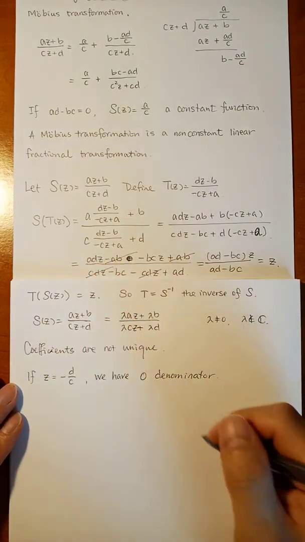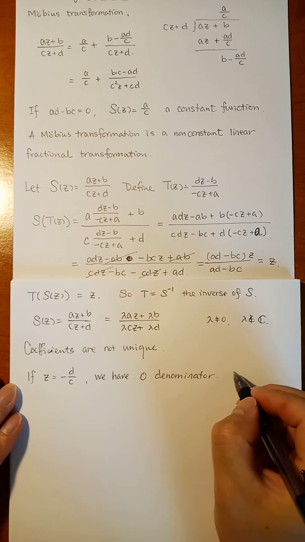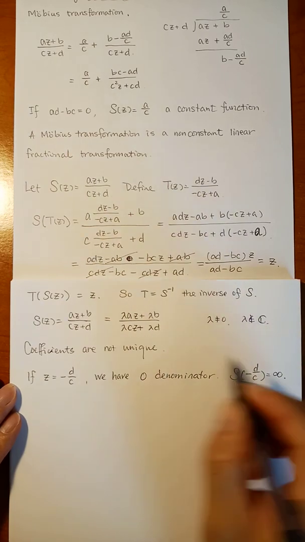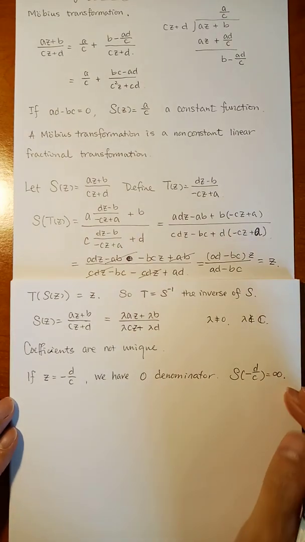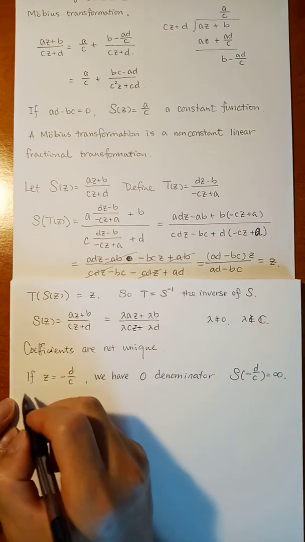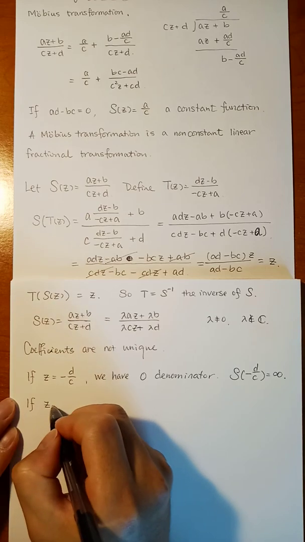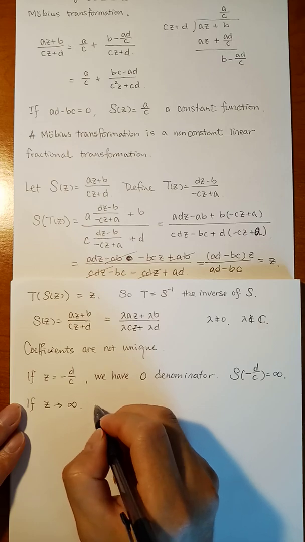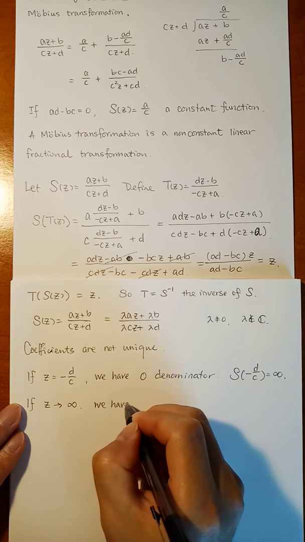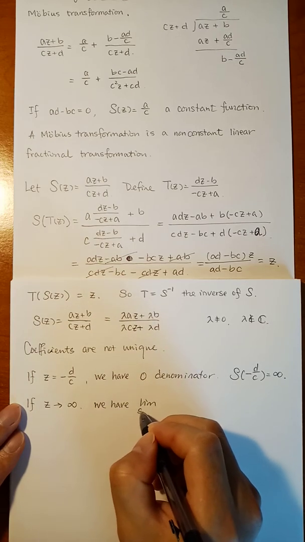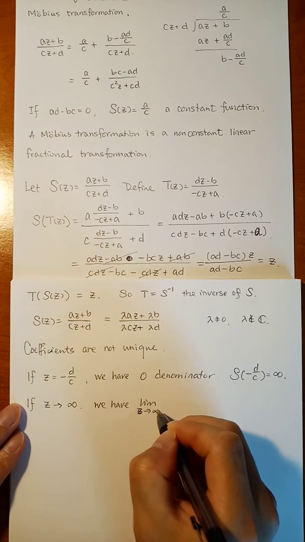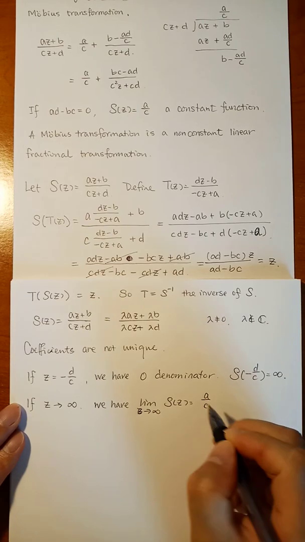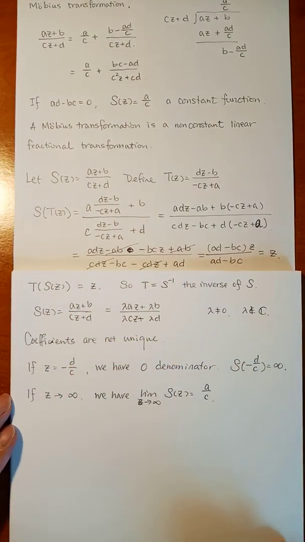We understand a zero denominator as infinity. The numerator is not zero, so this is infinity. So it maps this point to infinity. And if Z approaches infinity, the limit of S of Z is A over C, the ratio of the leading coefficients.